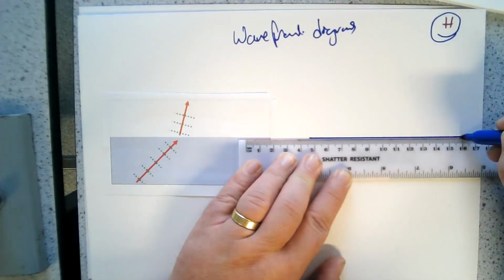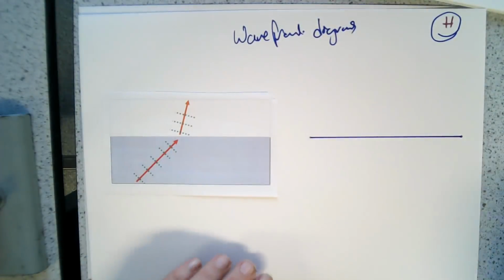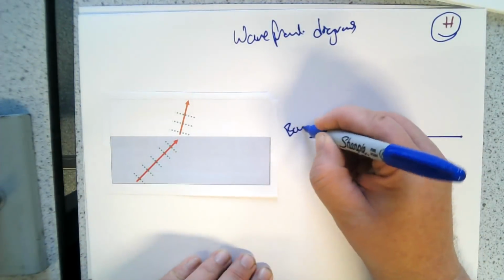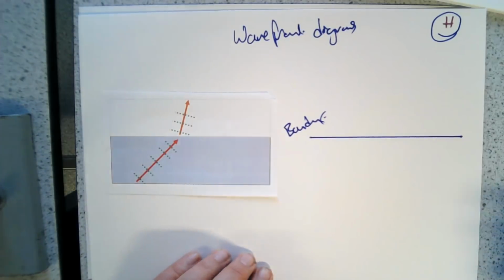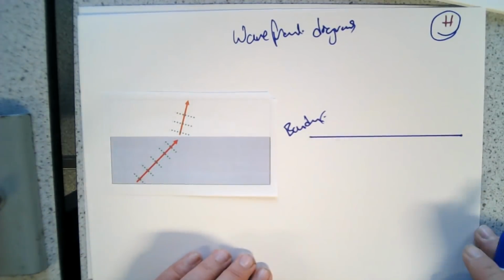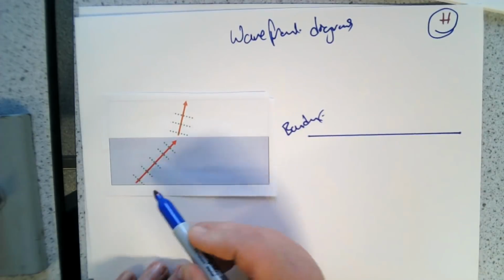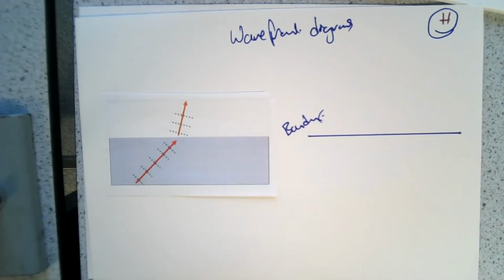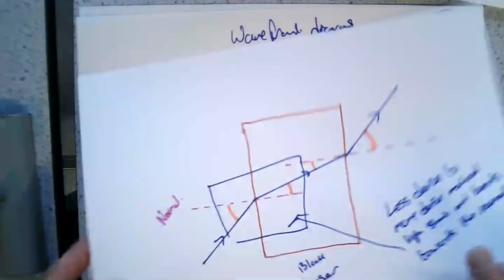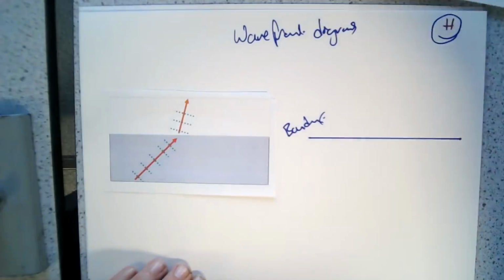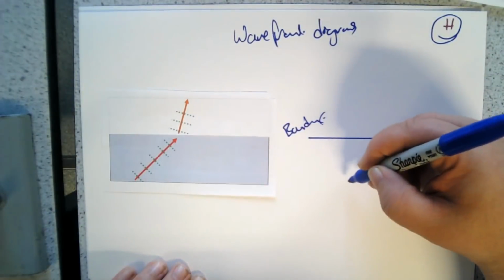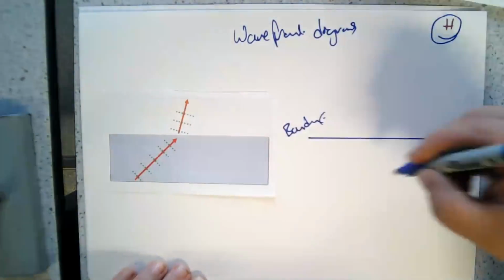So I've got a line here, and this line represents the boundary between a more and a less dense material. Now, I've got an arrow here, and that arrow is just representing the lines that I've drawn here. On your exam, they won't have those arrows.